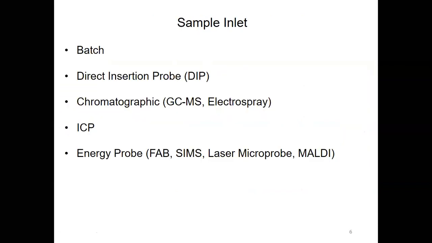The first one is the sample inlet. There are different types of sample inlet. These are the examples: batch, direct insertion probe, chromatographic ones like GCMS, electrospray, and ICP, which stands for inductively coupled plasma, and energy probes such as FAB, SIMS, laser microprobe and MALDI.